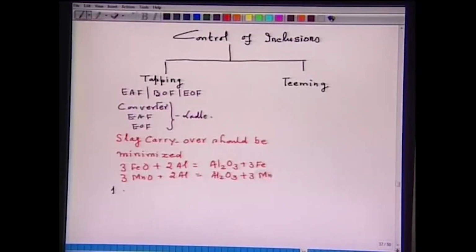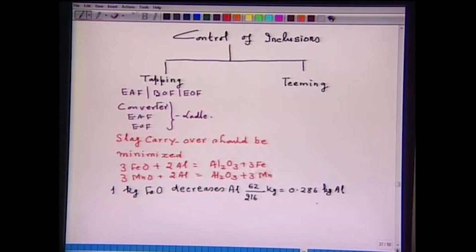If you see the stoichiometry of the FeO and aluminum reaction, it says that 1 kg FeO, if carried over into a ladle, decreases aluminum by 62 upon 216 kg, that is equal to 0.286 kg of aluminum.